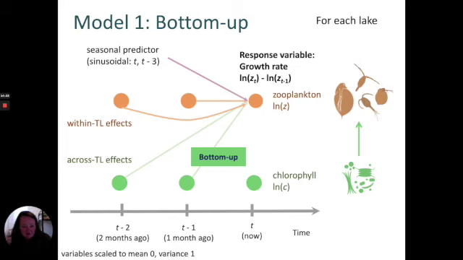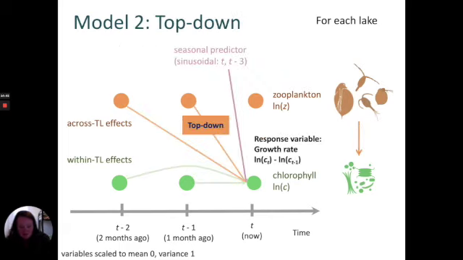Or you could have, as chlorophyll increases, zooplankton decreases. So you can have a bottom-up effect that is negative. So for example, if there are toxic phytoplankton in the assemblage, that could drive that negative effect. And we can capture both of those positive and negative relationships as a bottom-up effect in this model.